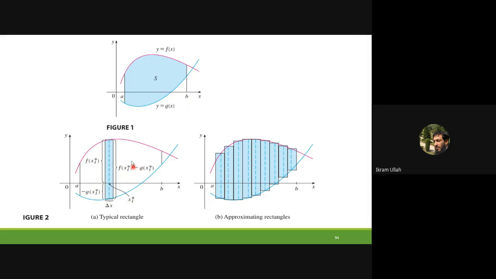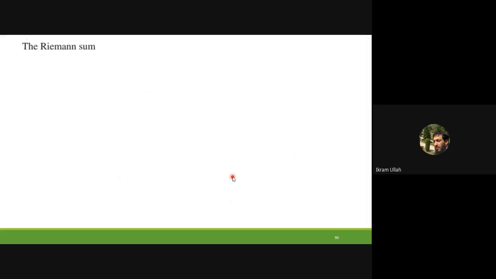And then we can divide this into n sample points x1 star, x2 star, up to xn star. According to the Riemann sum, because we apply the Riemann sum to find the area of this region S, the area is approximately the summation from i equals 1 to n of f of xi star minus g of xi star times delta x.